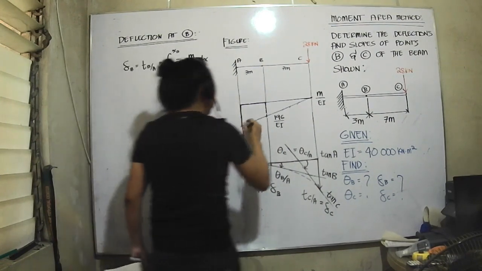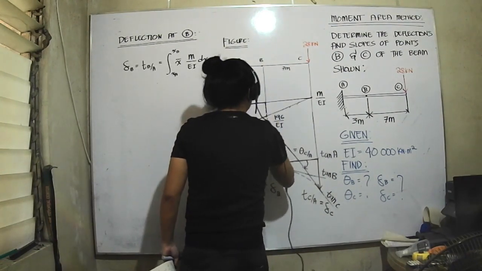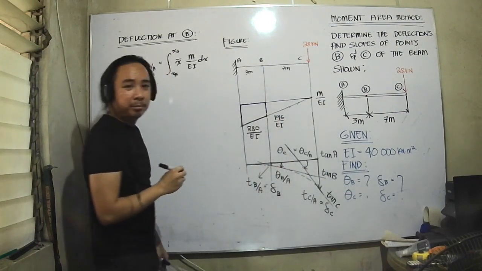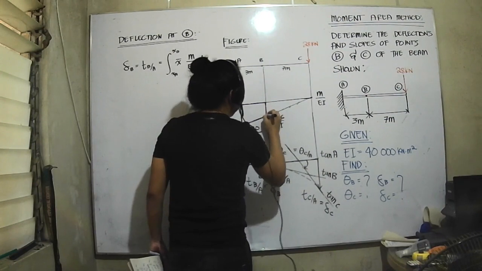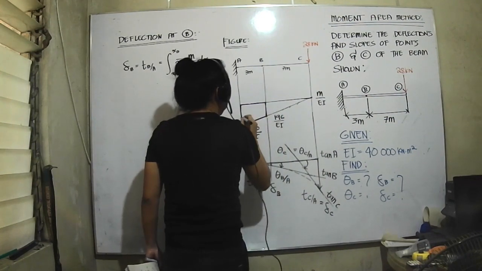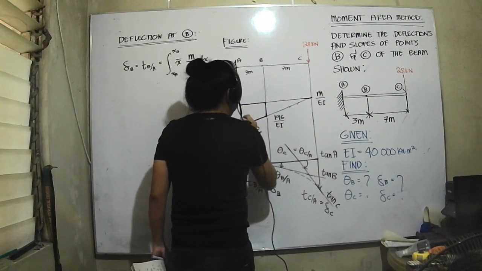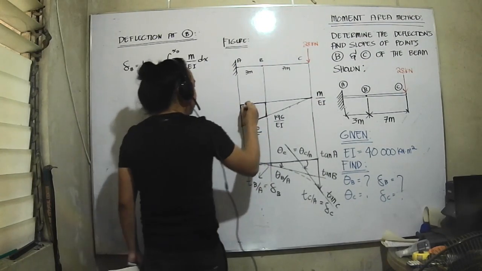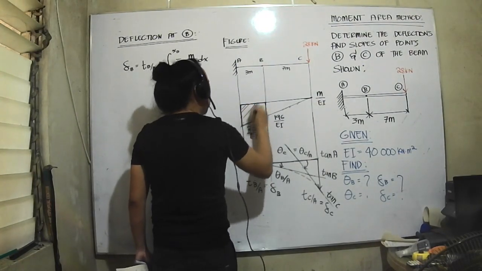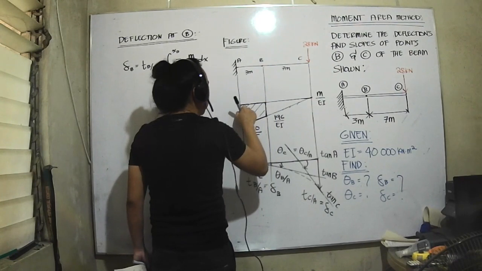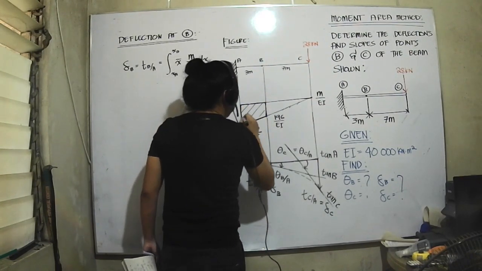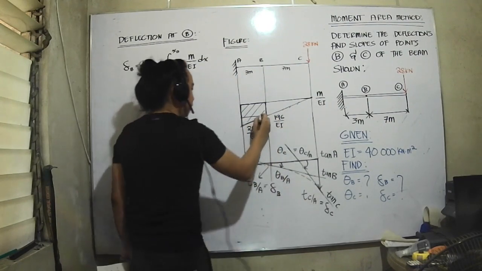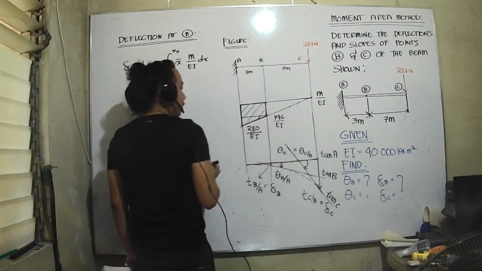Do you know the centroid of a trapezoid? It's difficult. So what I will just do is pick this apart. Instead of having one area, I break this down into two areas, so that it is easier to solve.